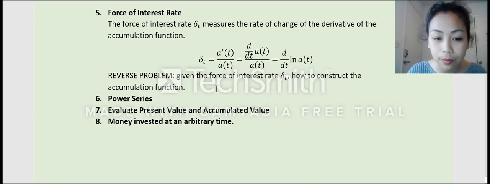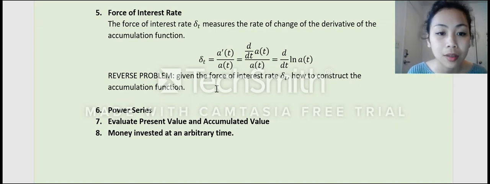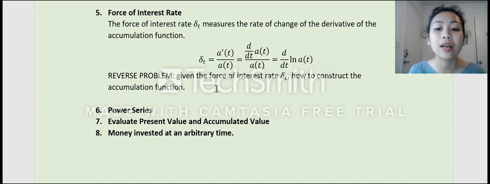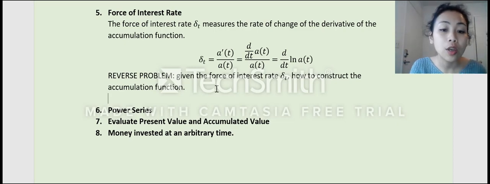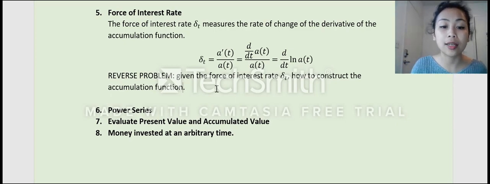So here's the thing. When you are given the accumulation function and you are asked to find the force of interest rate, all you need to do is take the derivative. So for the reverse problem, when you are given the force of interest rate and you are asked to find the accumulation function a of t, we need something called antiderivative.